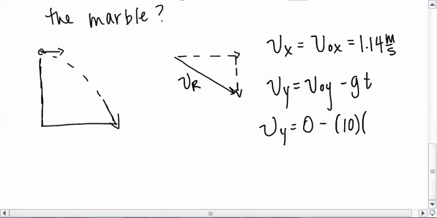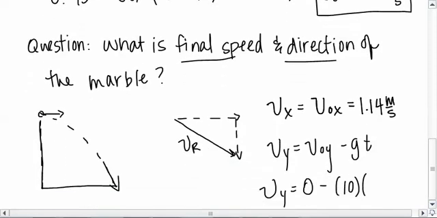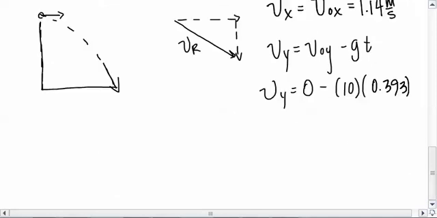You guys got a time of 0.393. So the velocity in the y direction when it hits the ground, ooh, it's negative. Is that okay? Yes. Why is the negative sign okay? Because it's going down. That's the direction. Velocity is magnitude and direction.